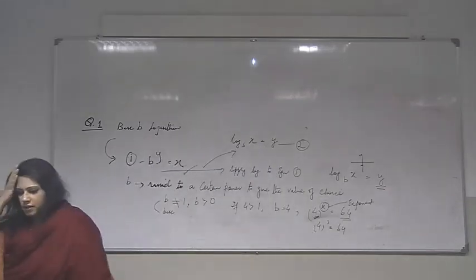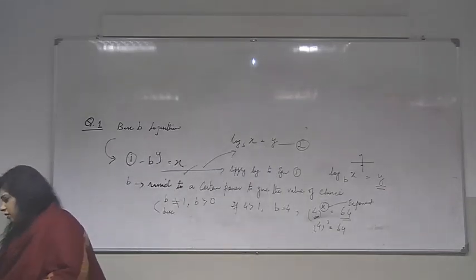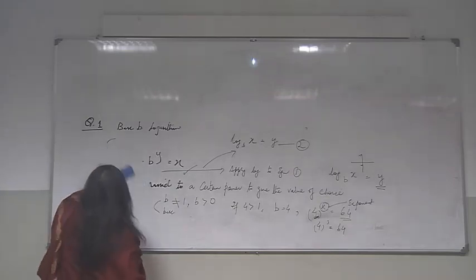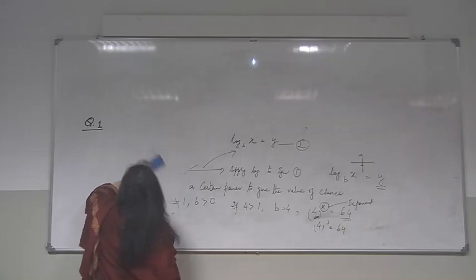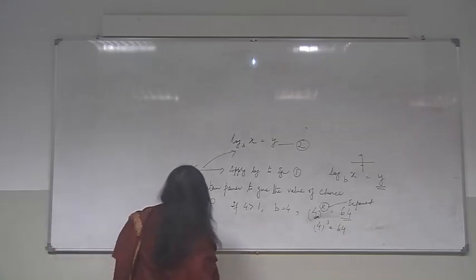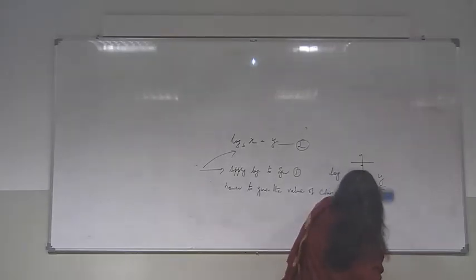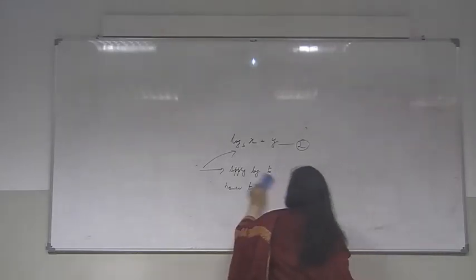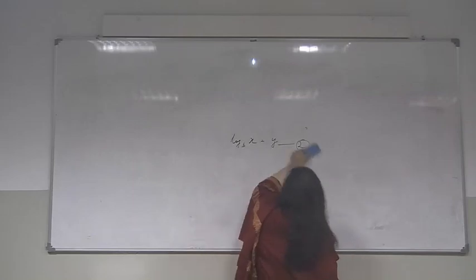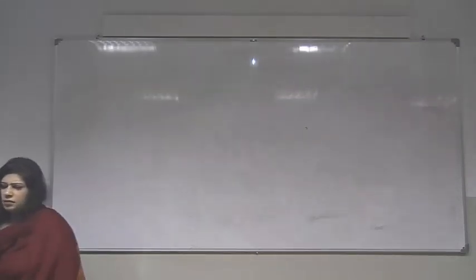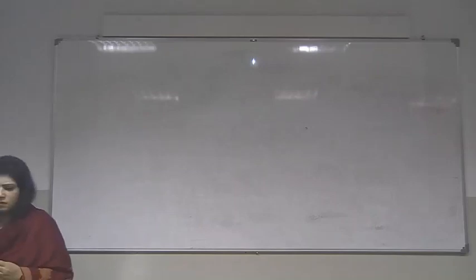The next question: let me just rub this and first write the second question for you to understand. You can always go back to your chapter for reference purposes and write that down. It says, how is the logarithmic function related to the exponential function?